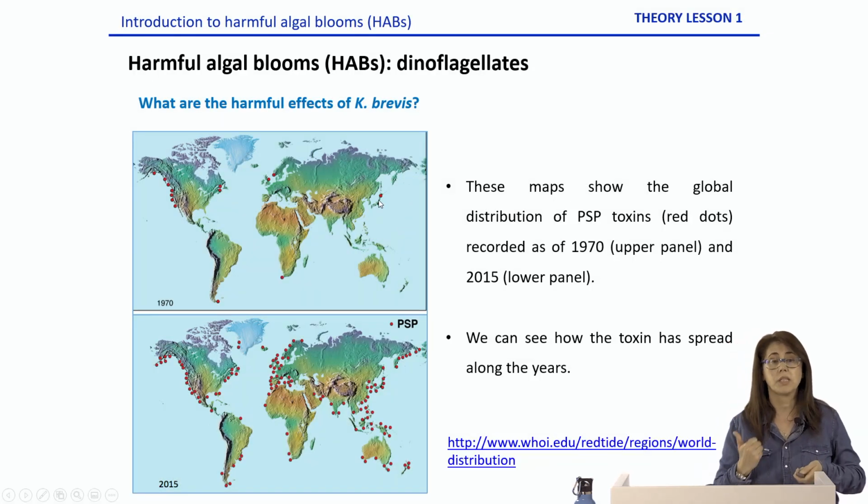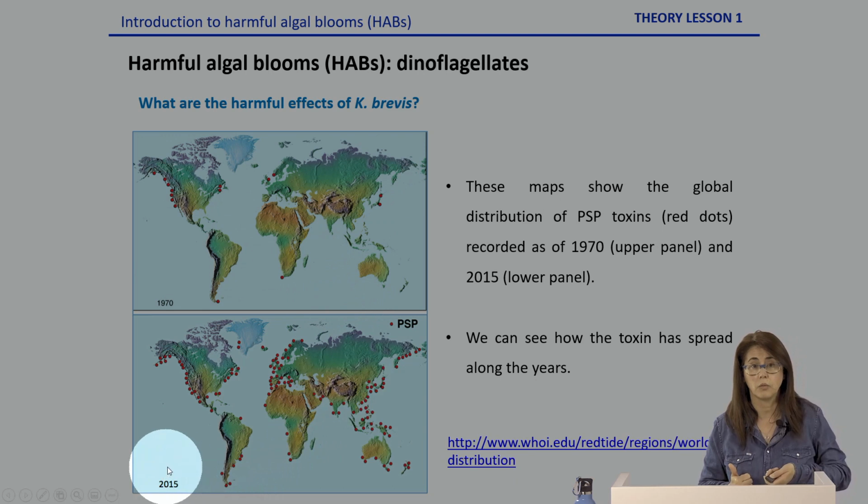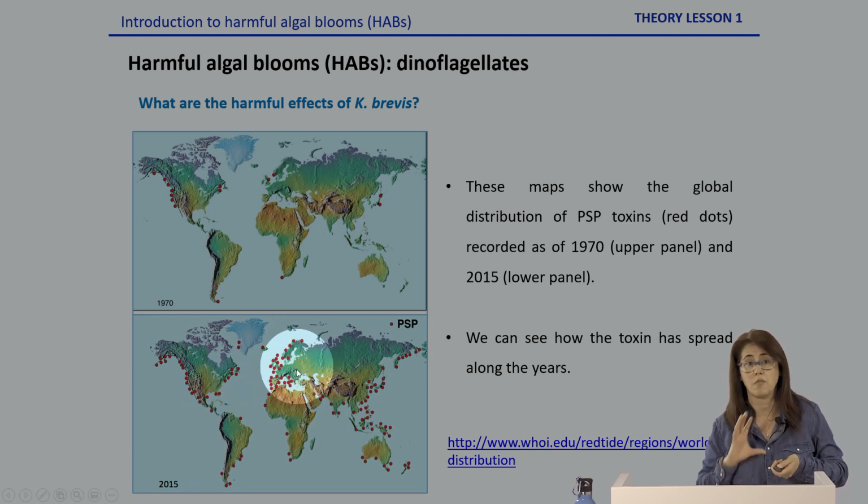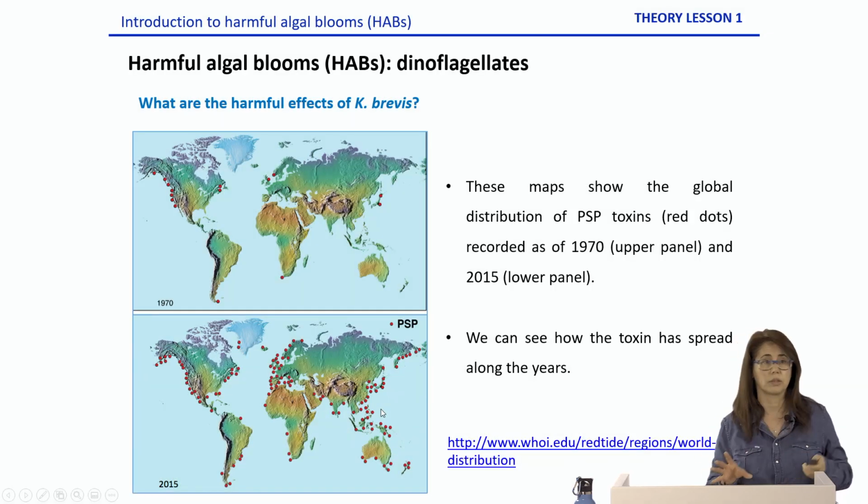However, if we have a look at the bottom panel, which is for 2015, you can see that these toxins had spread everywhere. Even in Europe, we have many, many places where this toxin has already been reported.